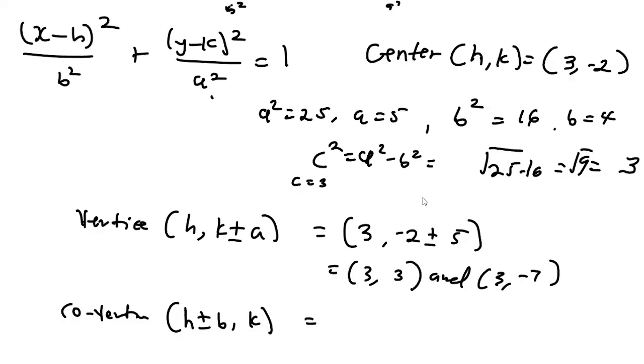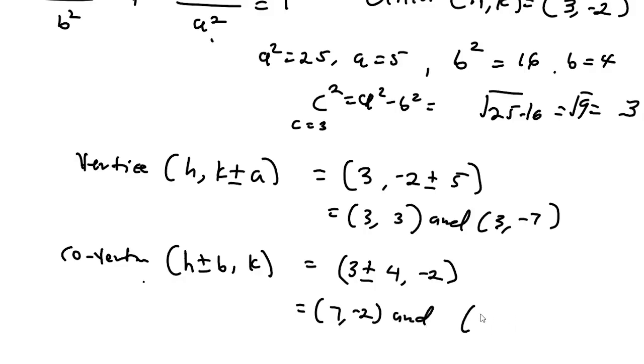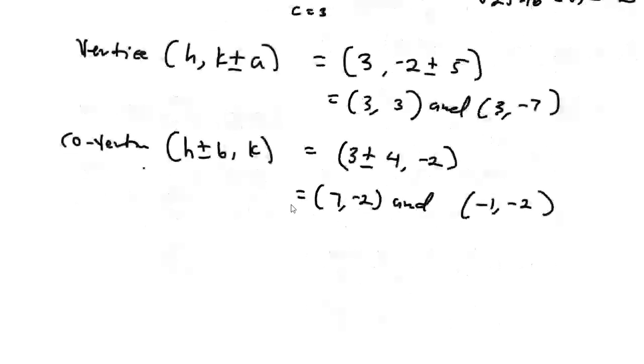Our h, from the comparison, is 3. So 3 plus or minus b, where b is 4, and our k is -2. This is going to give us (7, -2) and (-1, -2). That's for the co-vertex.